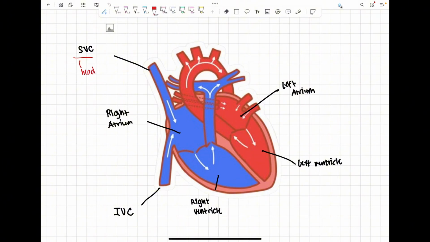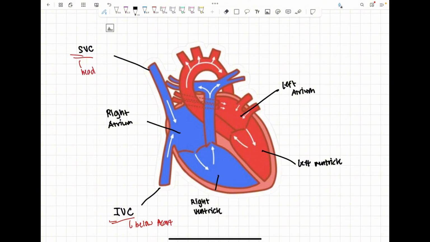And the inferior comes from below the heart, or organs that are below your heart, which are your liver, kidneys, and the legs and abdomen part. So inferior, and superior.